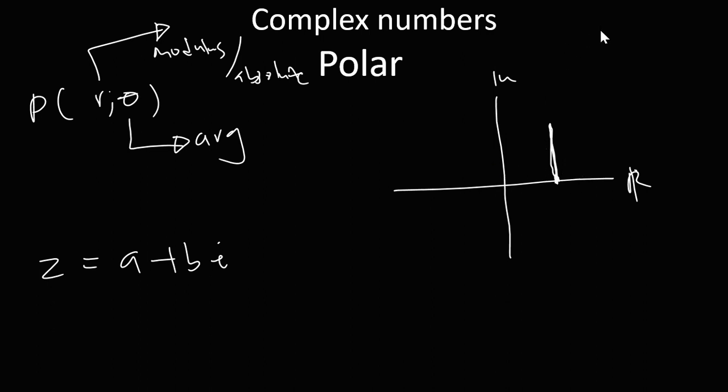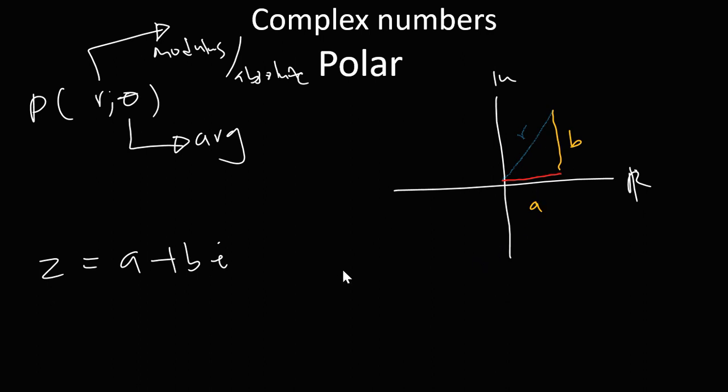I've made a mistake there: the real part is where a is supposed to be. After going a, you then take the imaginary part, you go b. So this is b, this is a. Then we can have our r. R is just there.